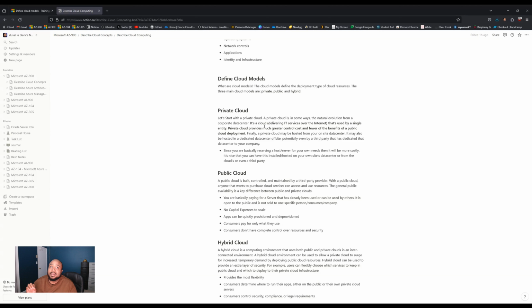Private is one out of those hundreds that no one else touches, and not only that, no one else can touch it. That one can be installed in your on-site data center, or done from the service provider's data center or a third party. But the important thing to know is that for private cloud, no one else has access to the data except the person paying for it, and they basically reserve it and it's theirs.